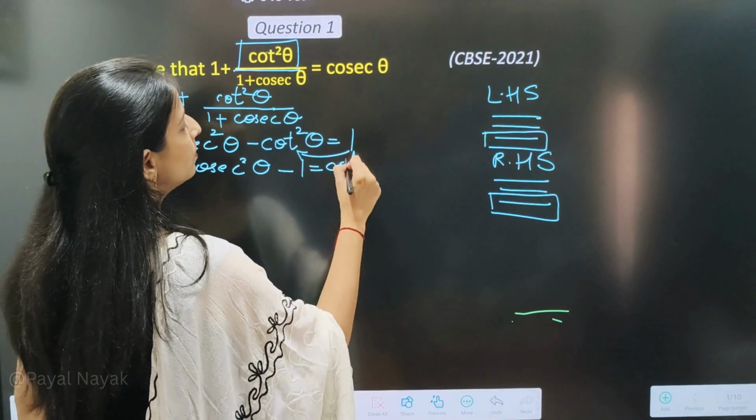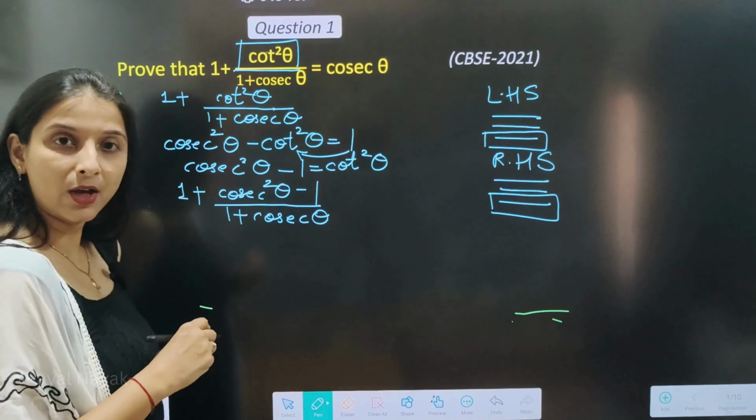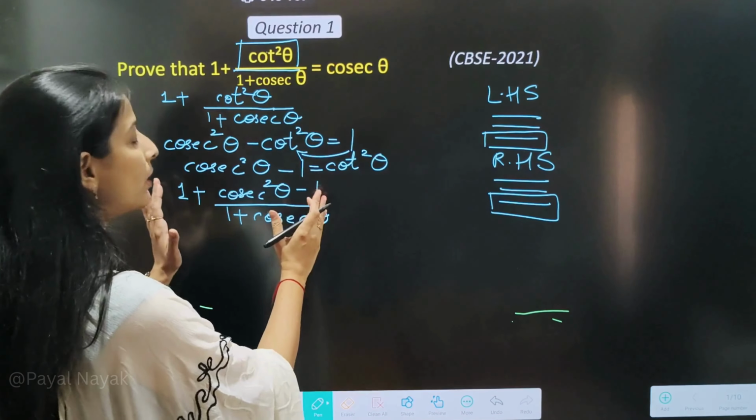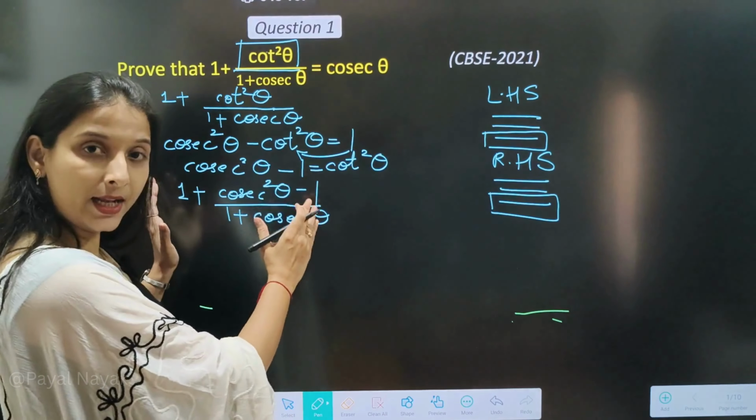So now I'll substitute it in this question. So 1 plus, instead of cot square theta, I can write cosec square theta minus 1, and this denominator as it is, 1 plus cosec theta. So now your half work is done. Now in your LHS, you don't have any other term except cosec theta.